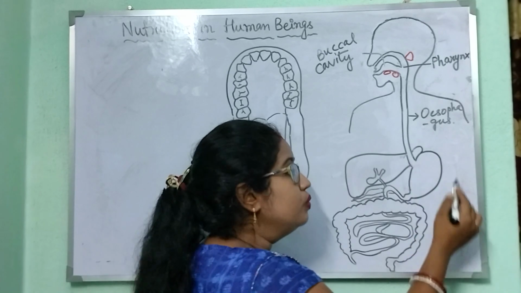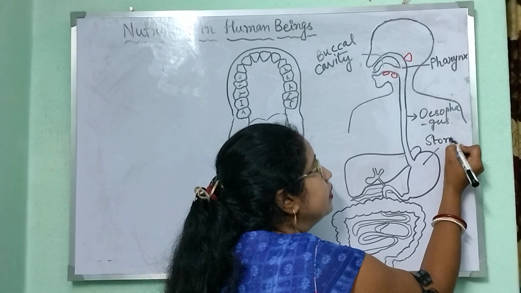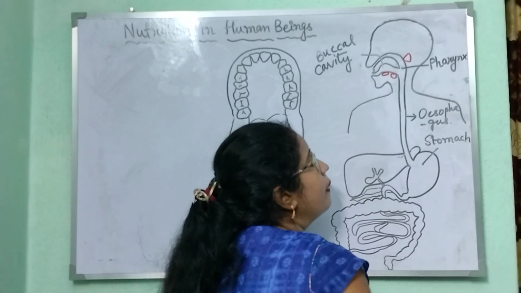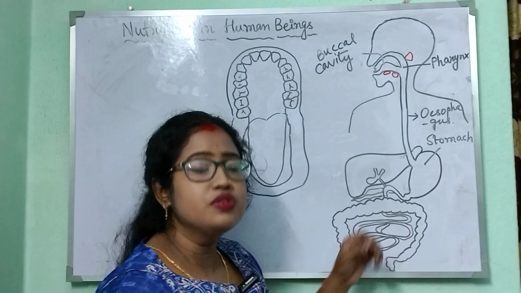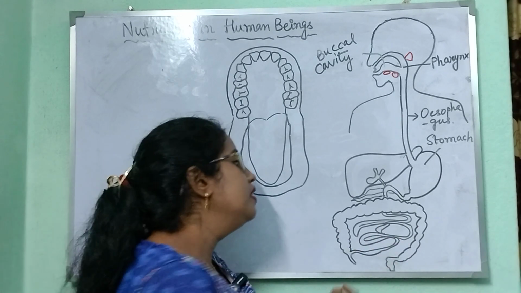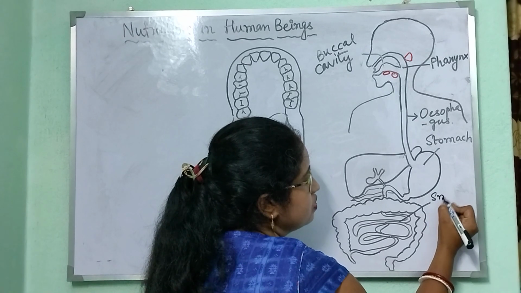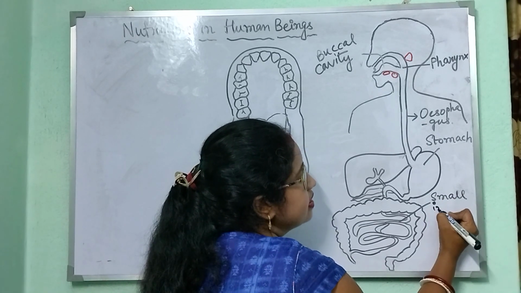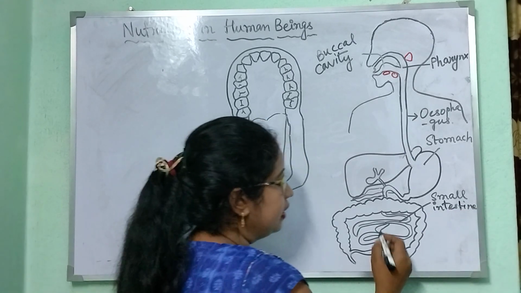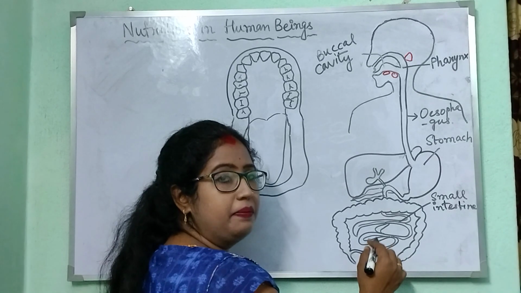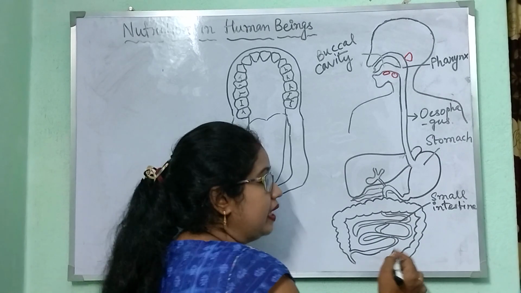The esophagus ends in a balloon-like structure. This balloon-like structure is known as the stomach. Then the stomach ends in a small coiled pipe-like structure. This pipe-like structure is known as the small intestine. After that, this small coiled pipe-like structure ends up in a large pipe-like structure.